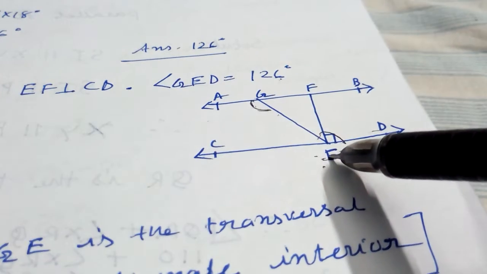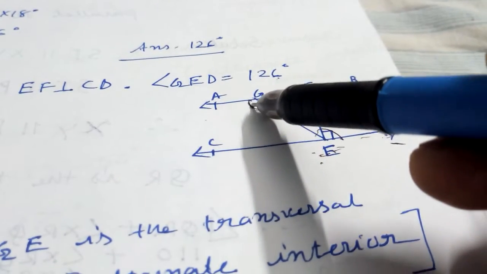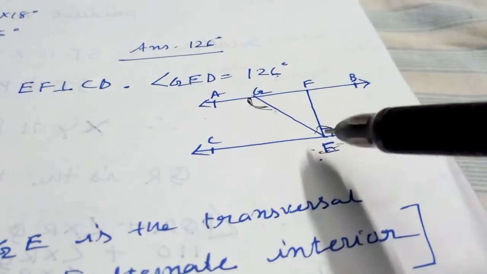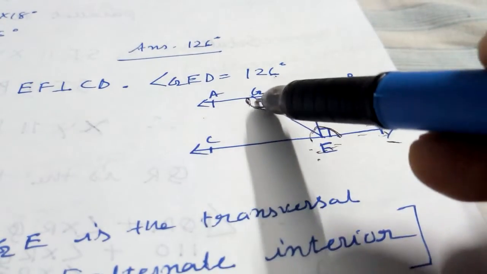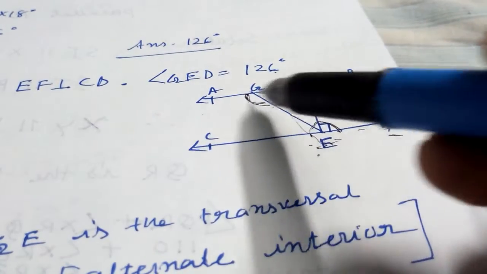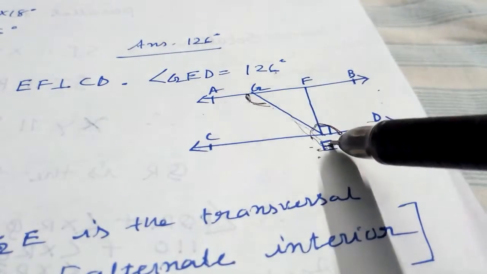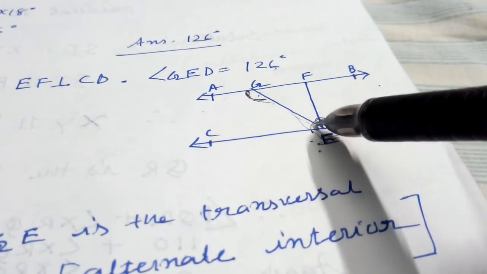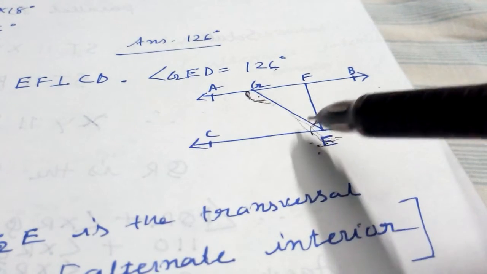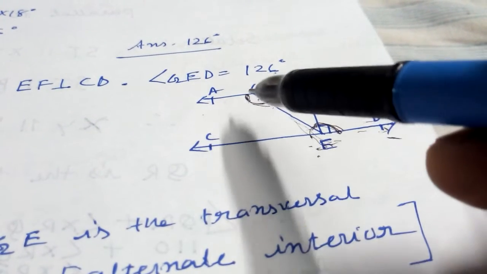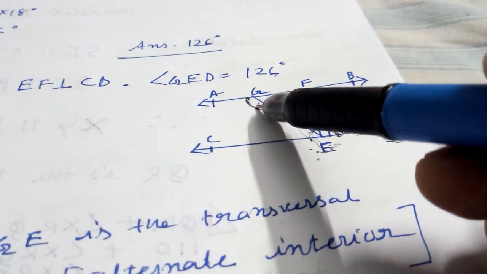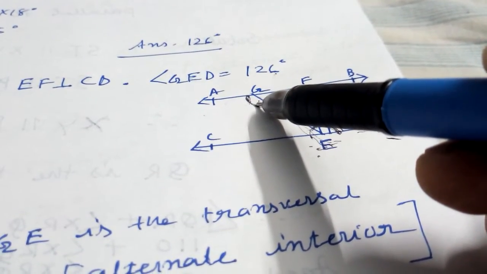Why are they equal? They are alternate interior angles. AB is parallel to CD and ZE is the transversal. So AZE is equal to ZED. Since ZED is equal to 126 degrees, therefore AZE is also 126 degrees.